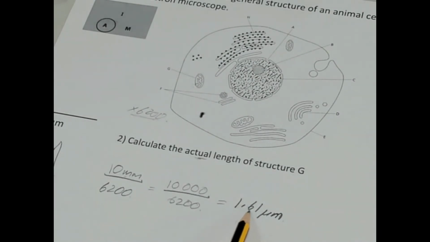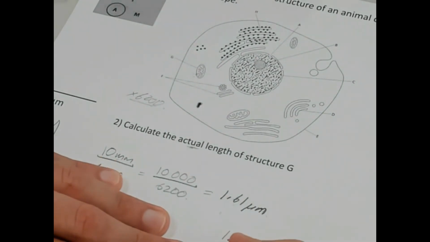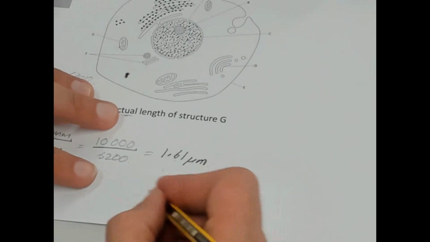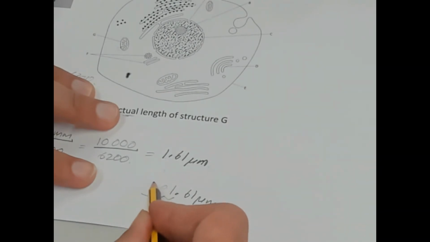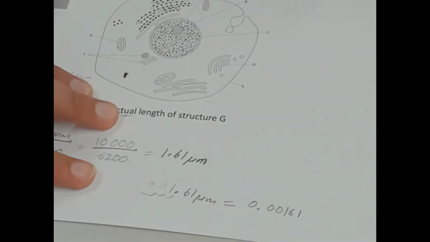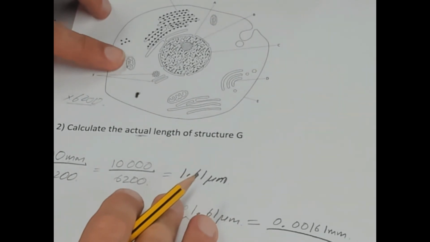Remember, 1.61 micrometers is the same as if I divided this by 1,000, I would get it in millimeters. So I just move the decimal place 1, 2, 3 spots. This is going to be 0.00161 millimeters. That is the actual size of this mitochondria.